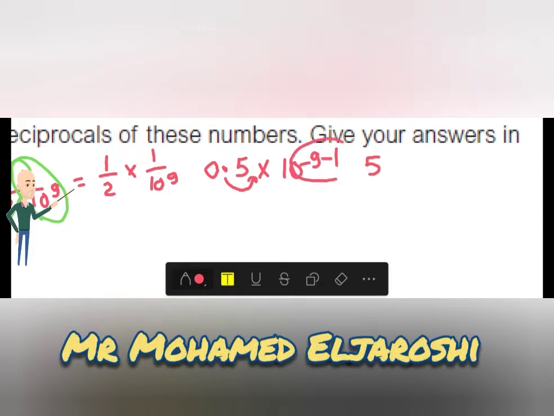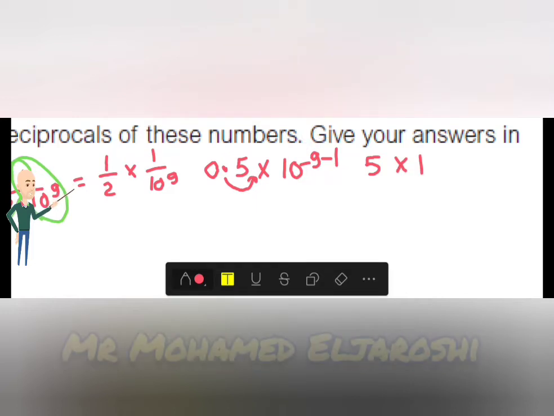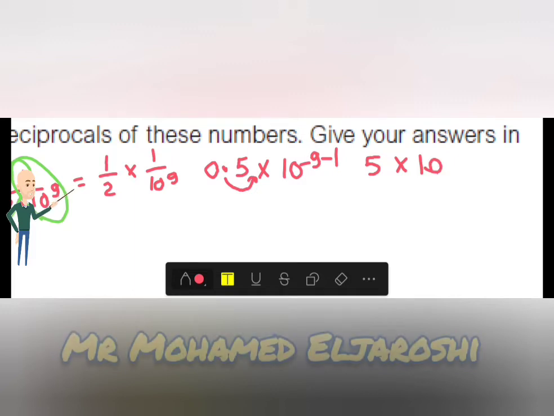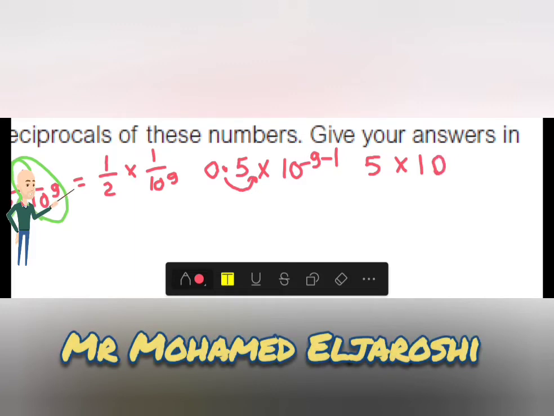And negative 9, negative 1 equals negative 10. So times 10 to the power of negative 10. Let me write it like this. And this is the answer for the reciprocal in standard form.